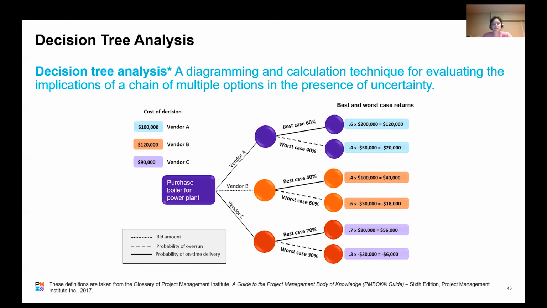Fahim, I didn't get the negative amount. Which negative amount? Minus 15,000. So there's a 40% chance that they will not be able to deliver it at a cost of 50K.